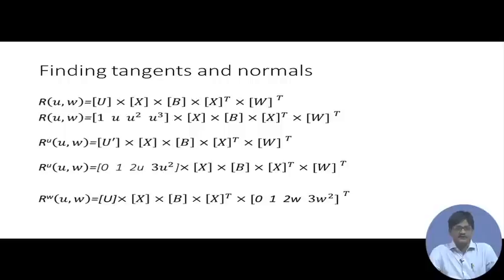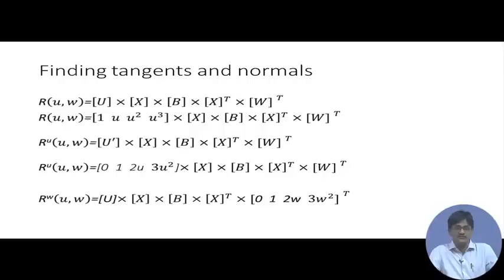So, if we are deriving with respect to U, the first matrix capital U gets derived, and therefore, instead of 1, U, U square, U cube, we are going to have 0, 1, 2U and 3U square.